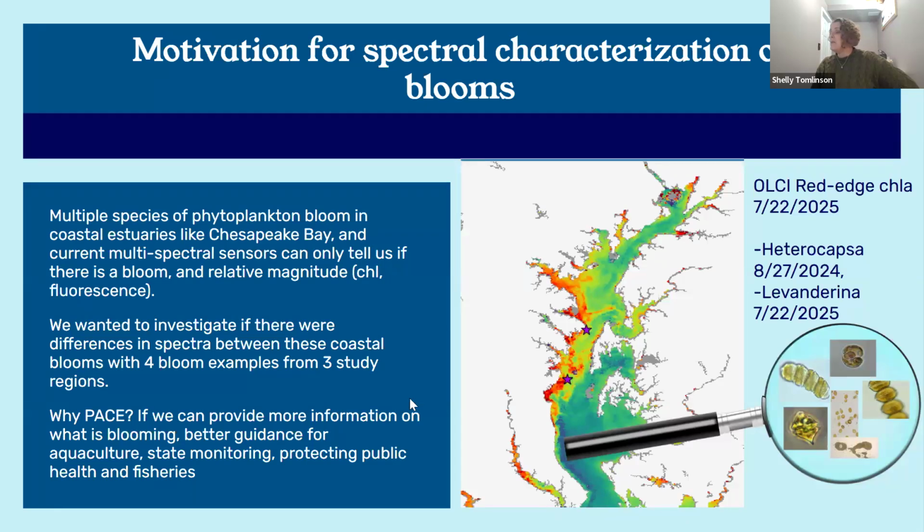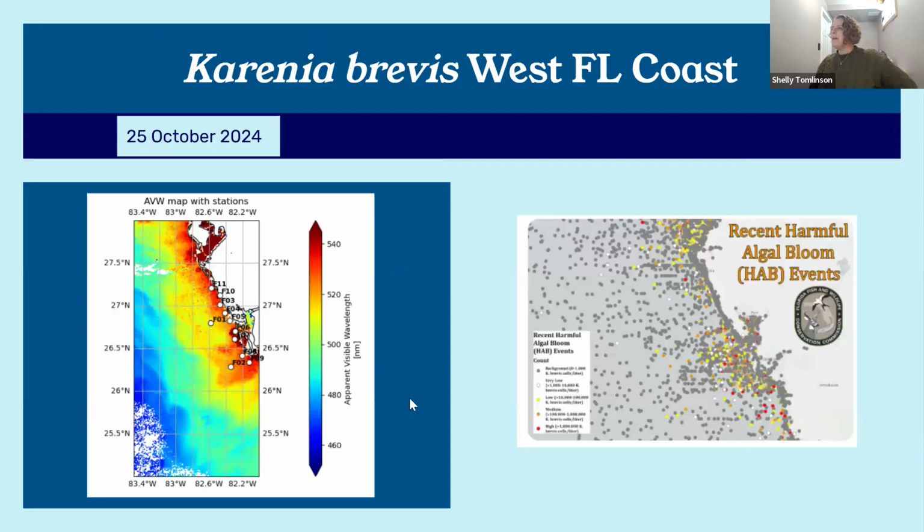Why PACE? It has more hyperspectral bands, and it might give us a better indication of what's blooming. This is really important for state monitoring and fisheries production, knowing what type of phytoplankton is in the water for their monitoring efforts. I'm going to pass it off to Felix now.